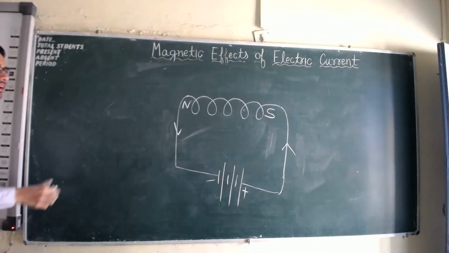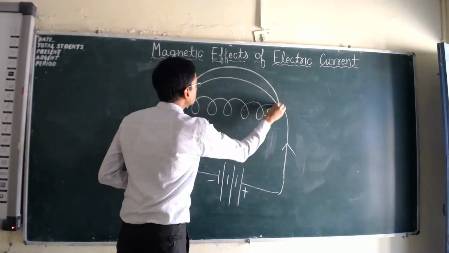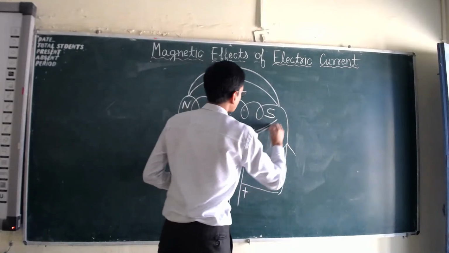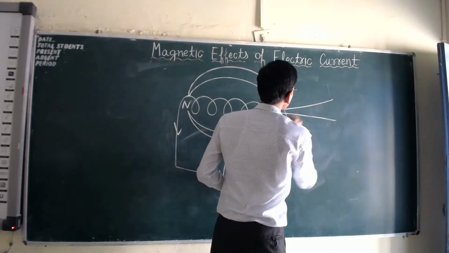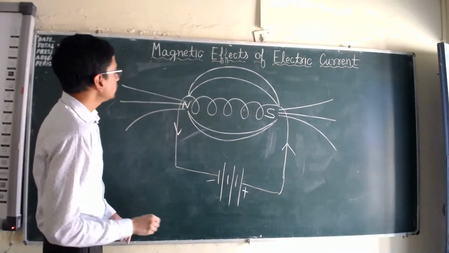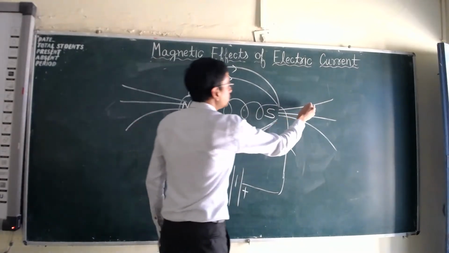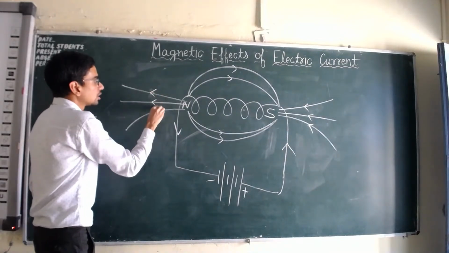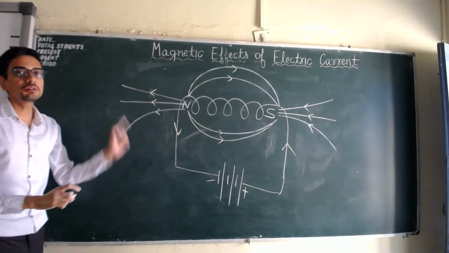नाउ सिमिलरली, like bar magnet, ड्रॉ द मैग्नेटिक फील्ड लाइंस फ्रॉम नॉर्थ टू साउथ, ओके, from north to south. And here like this, same like bar, direction will be north to south, into the south, away from the north. हमेशा लाइंस कहां एंटर करती है? साउथ में, into the south, away from the north.